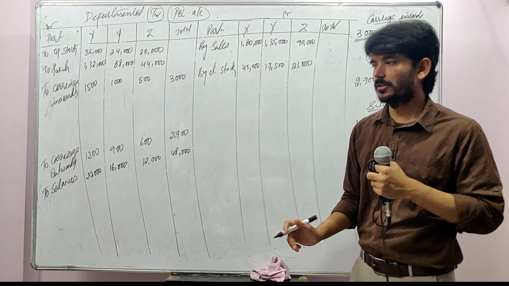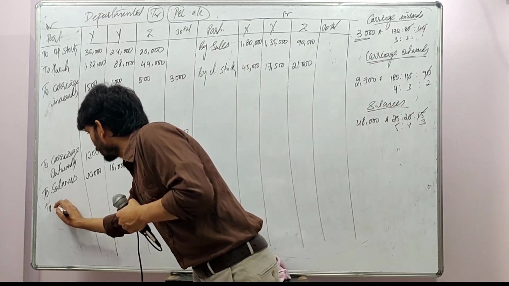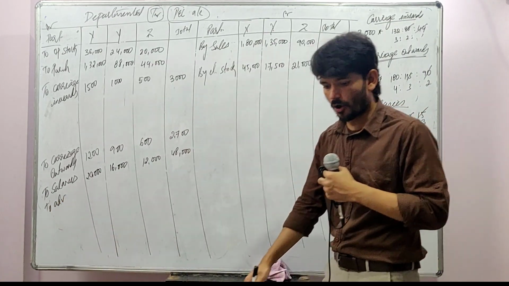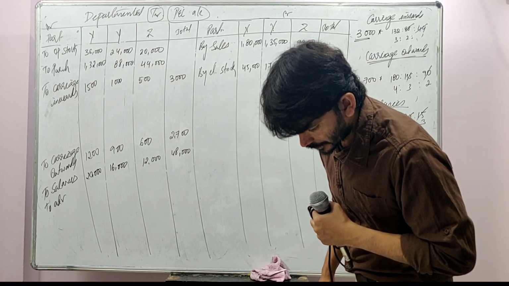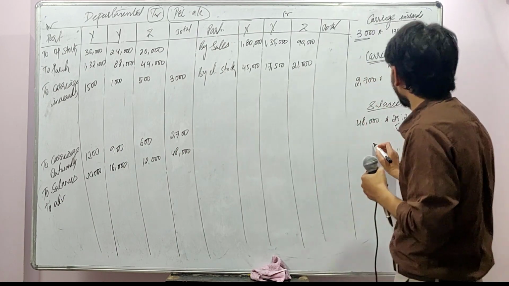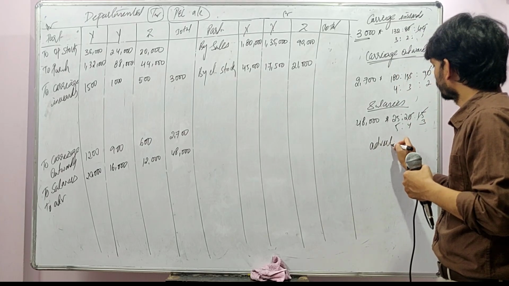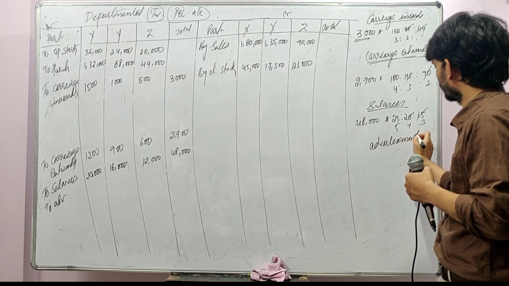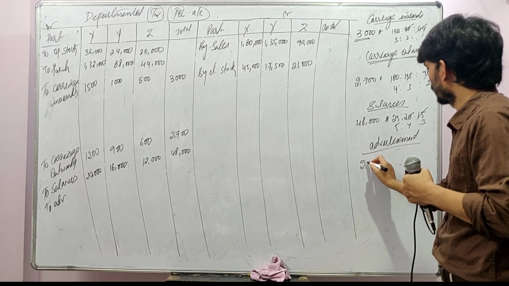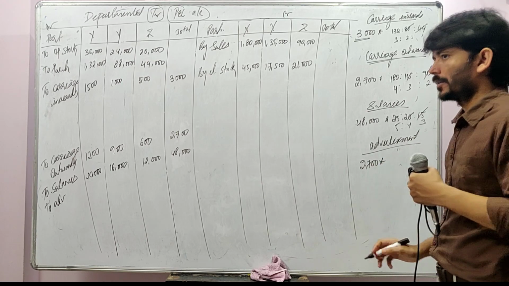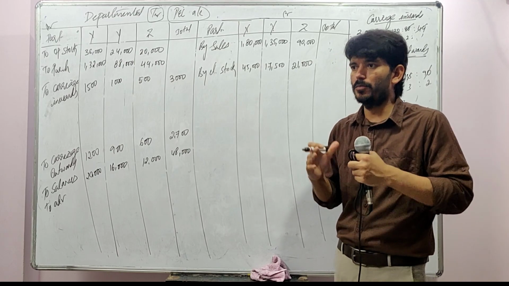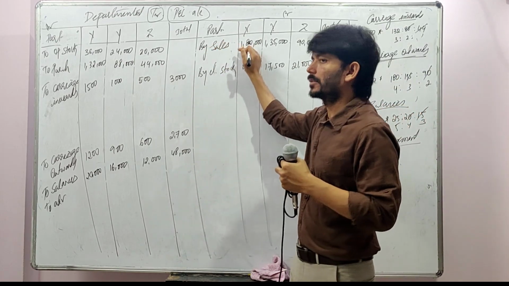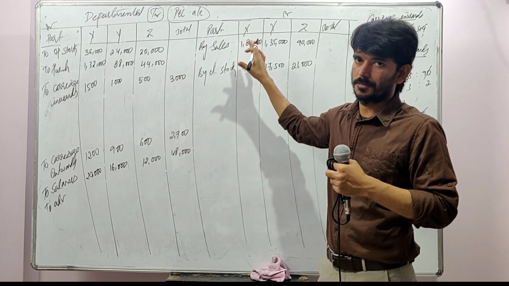Advertisements. Advertisement is also your expenditure. How much is given there? Advertisement is 2,700. If I make more advertisement for one product, there will be more sales.